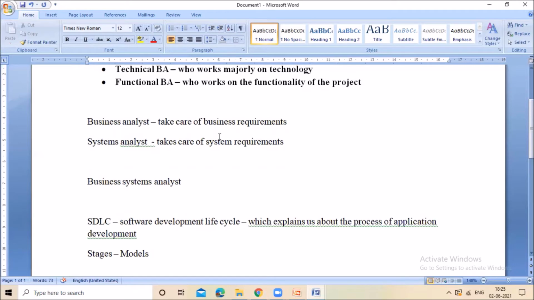So identification of models is very essential for us to understand. Understood? Clear? Done, right? This is the overall structure of a BA, with reference to business systems analyst in addition to Salesforce.